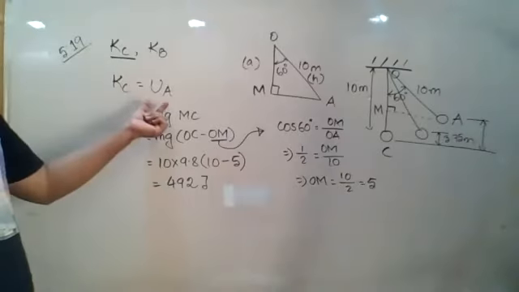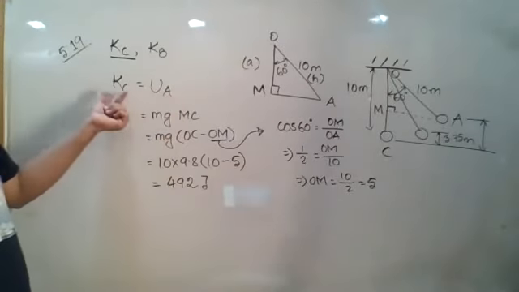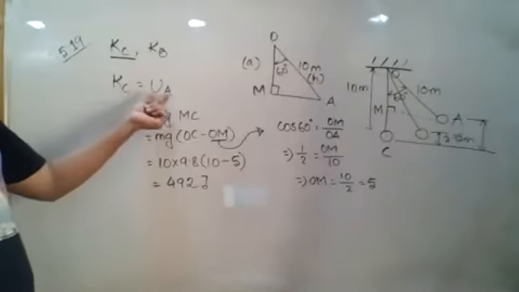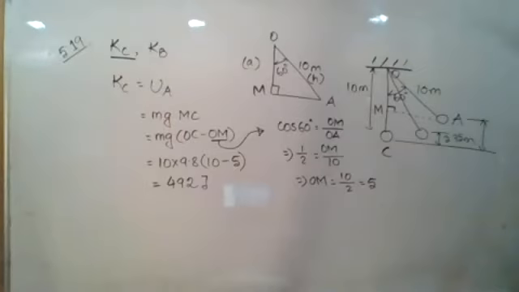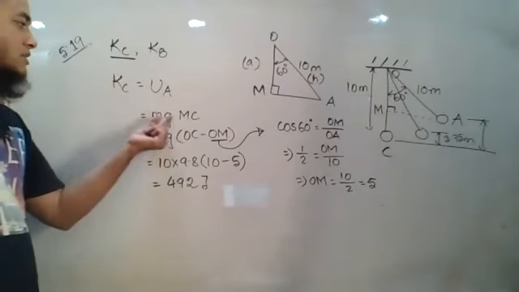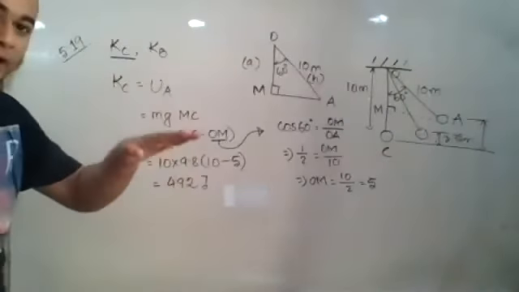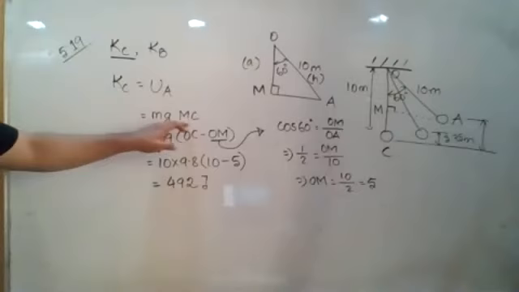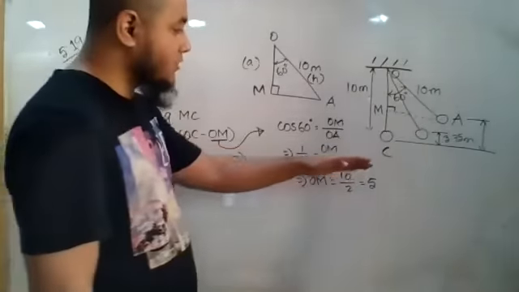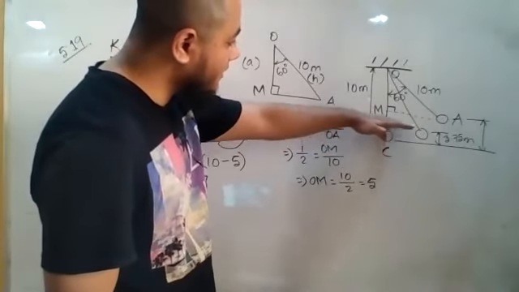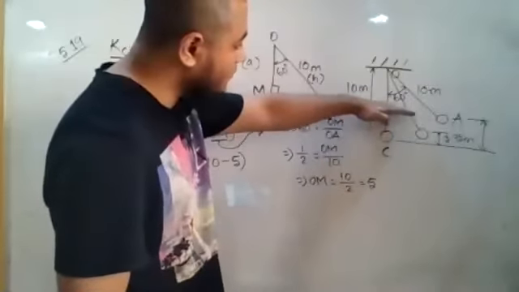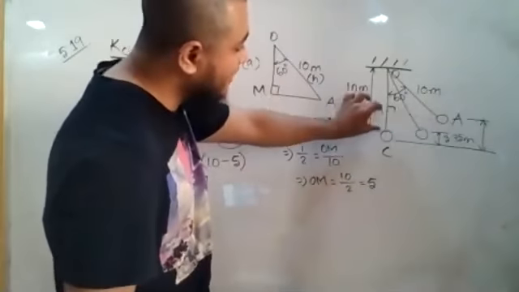So as I told you, the potential energy at point A is equal to kinetic energy at point C. So let us focus on calculating the potential energy at point A. That will be mgh. H means height, right? So what is the height from the relaxed or equilibrium state? This is the equilibrium state, and the height of the point A is MC.